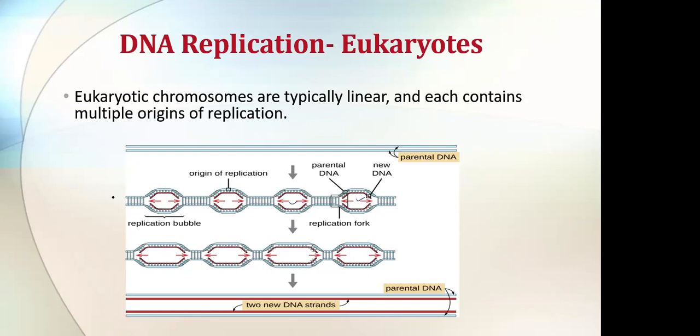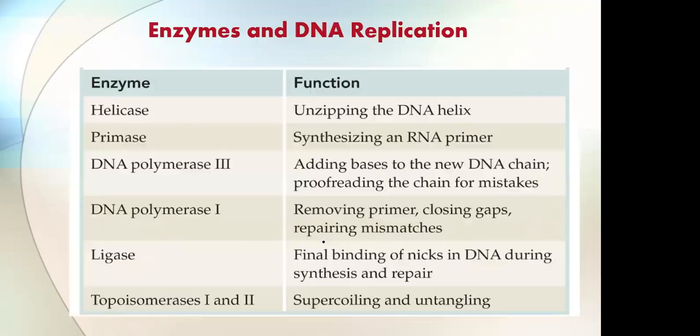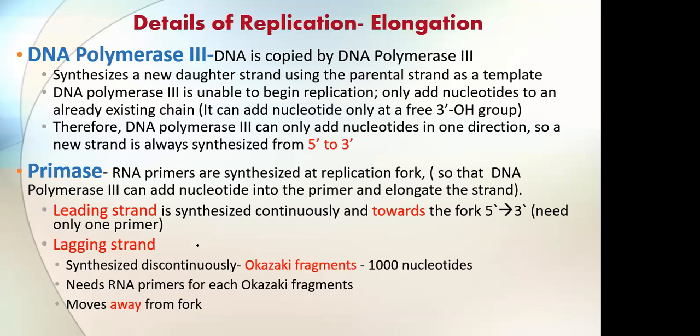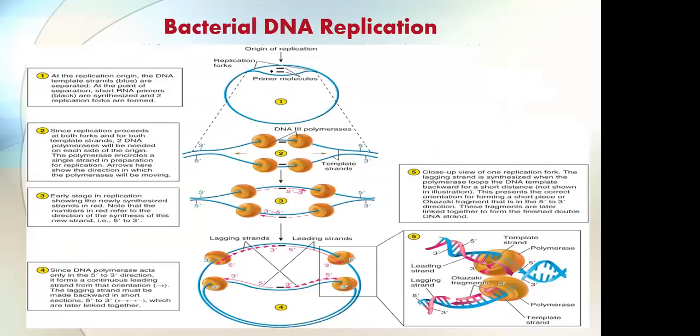So there are multiple replication sites along the length of the DNA for eukaryotes, but for the prokaryotic chromosome, as I told you, there is one origin of replication, so it goes in both directions, same process, and once they meet, they stop.